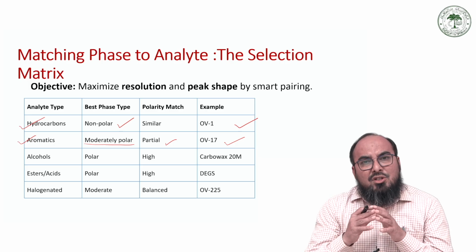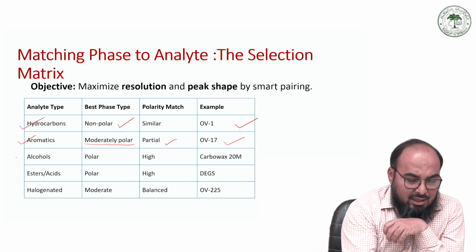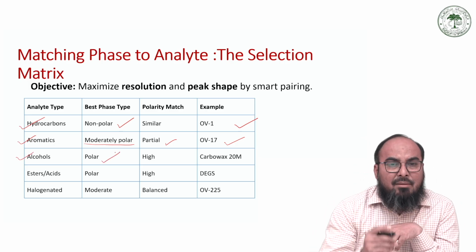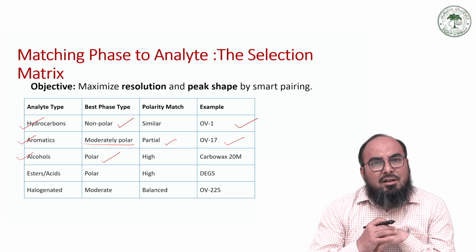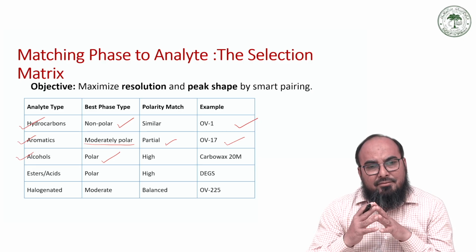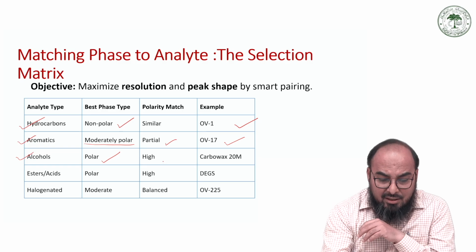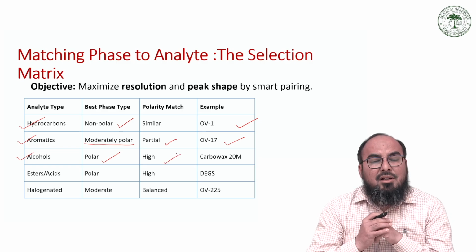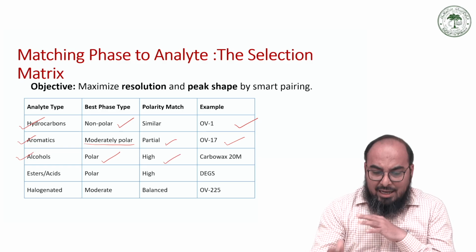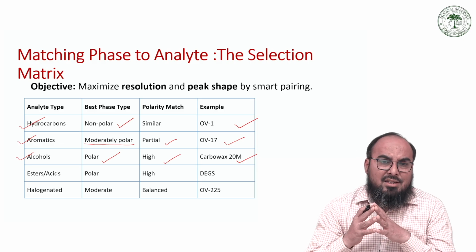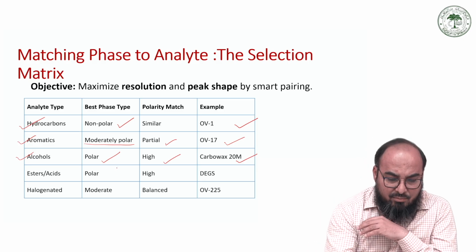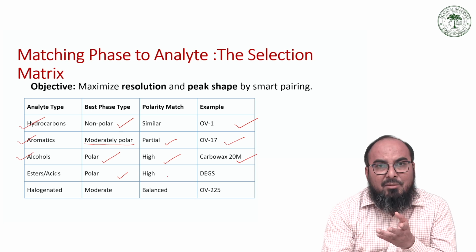Similarly, if you want to separate alcohols, then we know that you have to choose a polar phase. For example, polydiethylene glycol. Here again the interaction will be very good because you have a polar-polar combination. An example is Carbowax. Similarly, if you have esters or acids, then you can take a polar phase and the polarity match will be high.